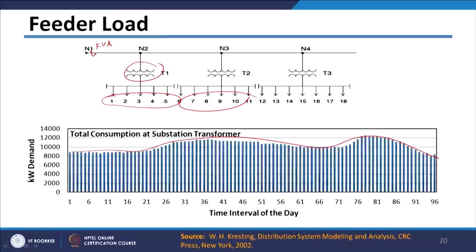Variation in the load curve will be highest in the case of individual consumers, then the abrupt changes will decrease in the case of a distribution transformer, and will decrease further in the case of a substation transformer. If you go to the transmission level, these abrupt changes are almost negligible.